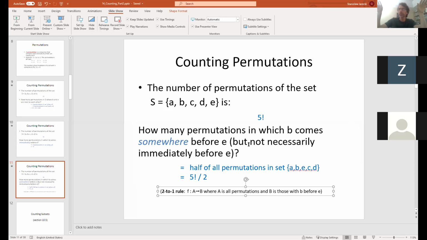Here is the function. Take a permutation. Is B in front of E already? Then do nothing to it, just output that permutation. But if E is in front of B, the only thing you do is switch the two and output that.